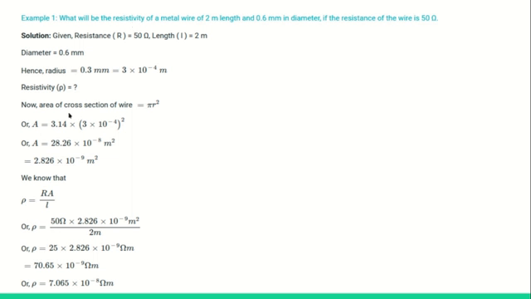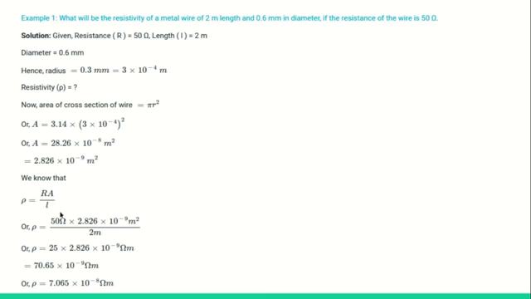So the rearrangement of the formula R equal to rho L by A becomes rho equal to RA by L. And the area we need to calculate, that is pi r square. So pi is 3.14 into r, 3 into 10 raised to minus 4 the whole square, and it calculates to 2.826 into 10 raised to negative 9 meter square.